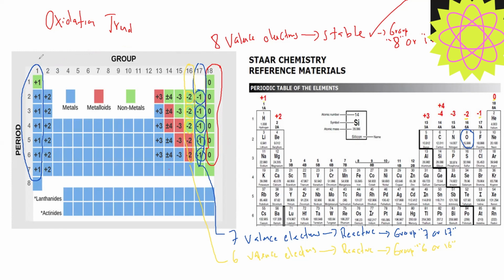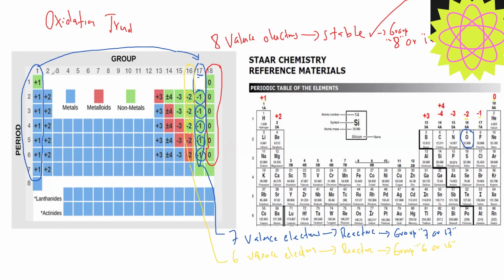One valence electron, no? So it's easier for them to donate or to give away their electrons to these ones that are in this group to complete 8 valence electrons.